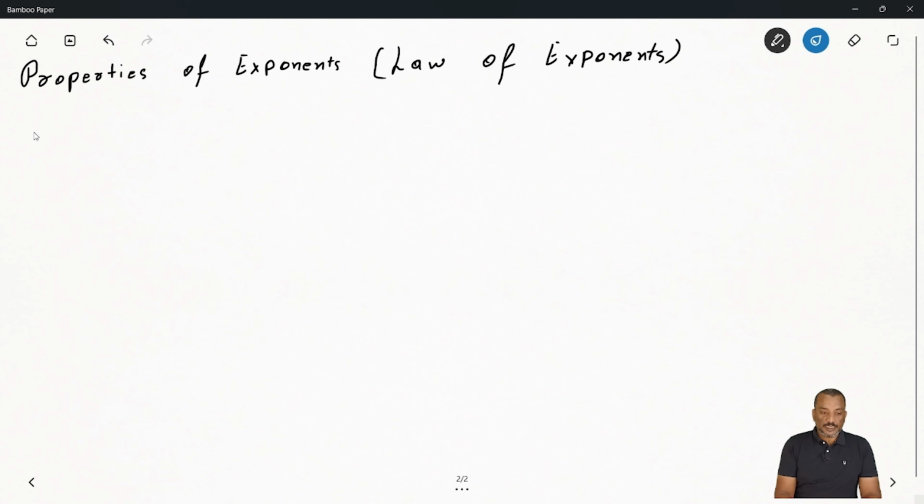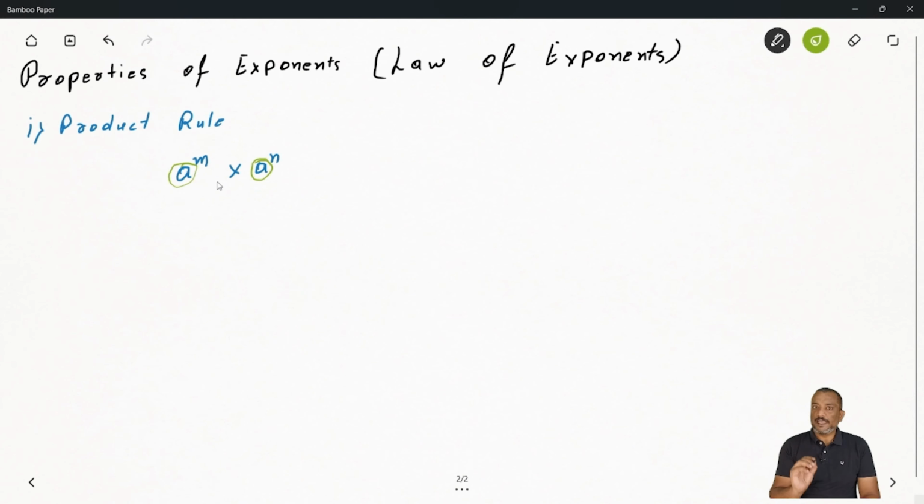If I talk about the first property, that is called product rule. Here product rule you can simply understand. Whenever you have any exponent given a to power m multiplied with a to power n, you can see in this one the most important thing is their base is the same.